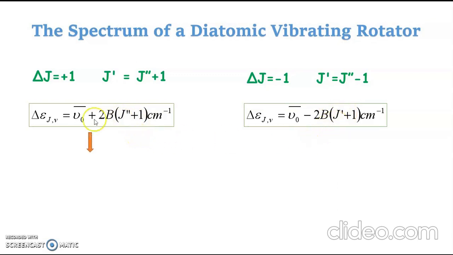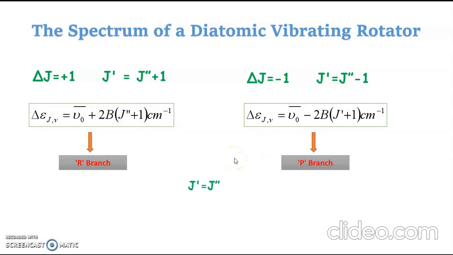And the first transition will give rise to branches known as R branch, and the second will give rise to P branch. And in some rare cases, the transition J dash may be equal to J double dash, that is delta J becomes 0.